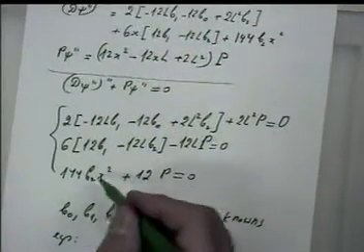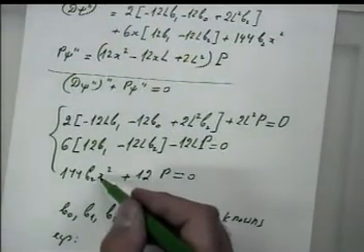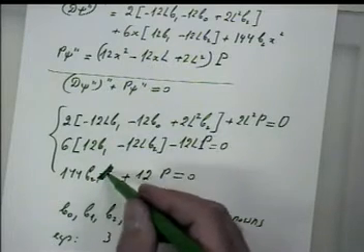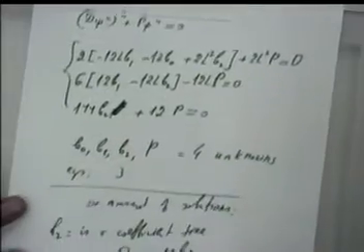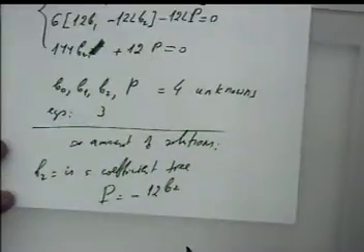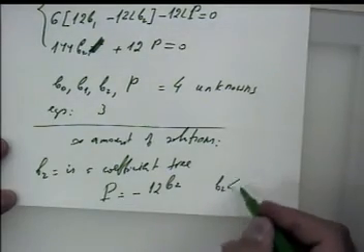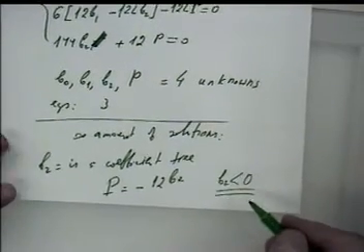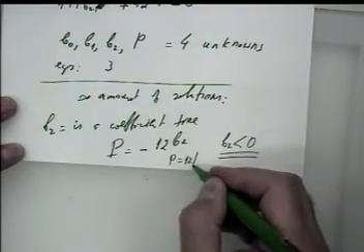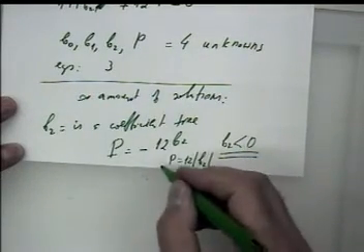Oh, somehow I wrote here 144. This should be taken away, this x squared, because P equals minus 12 B2. So that means that B2 must be negative. Or we can write down that P equals 12 absolute value of B2.